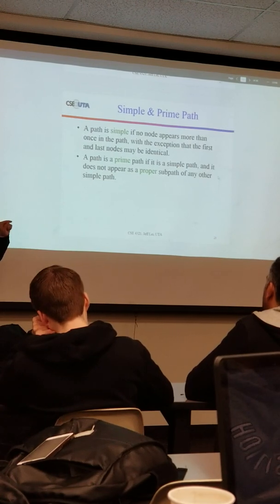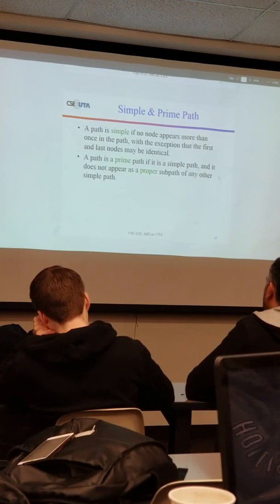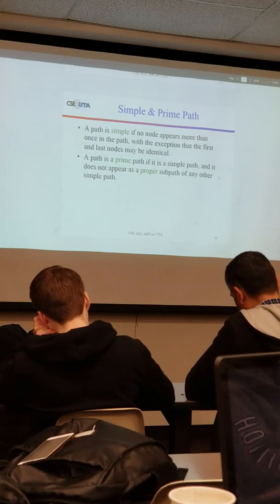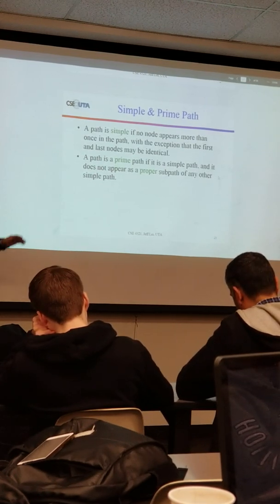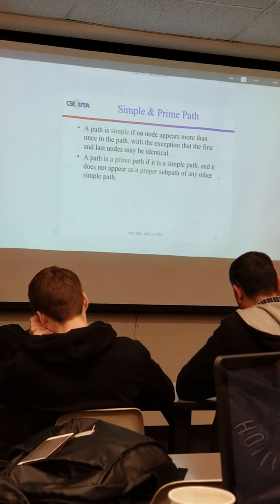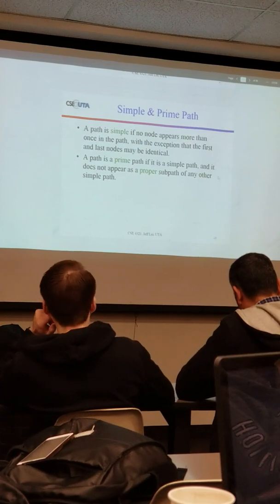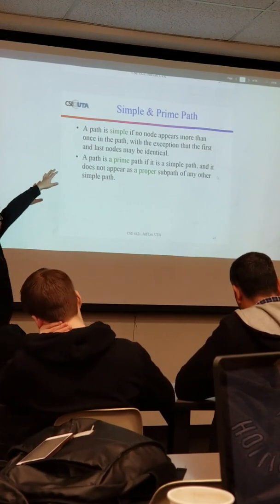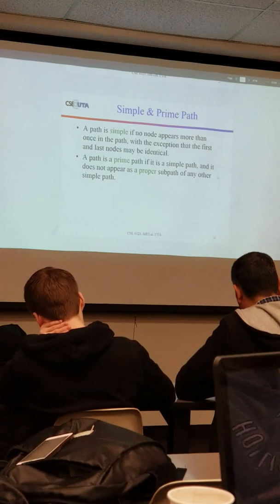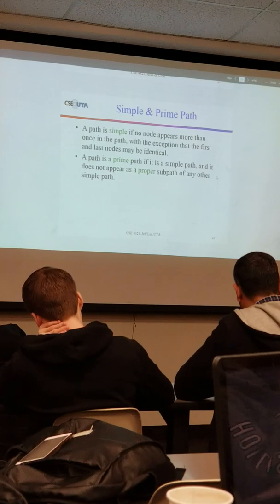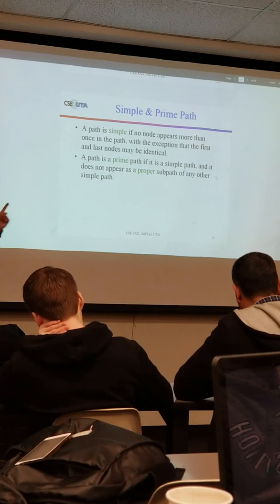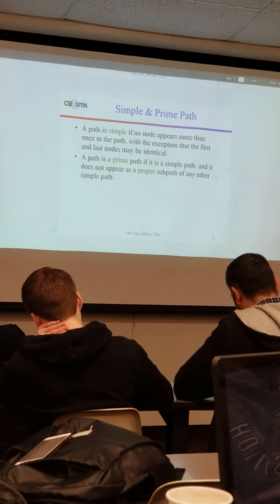Inside the path, you cannot have an internal loop, a loop that is completely contained inside the path. The path itself could be a loop, but the formal definition is this: no node can appear more than once in the path except the first and the last node. In that case, the path itself is a loop.